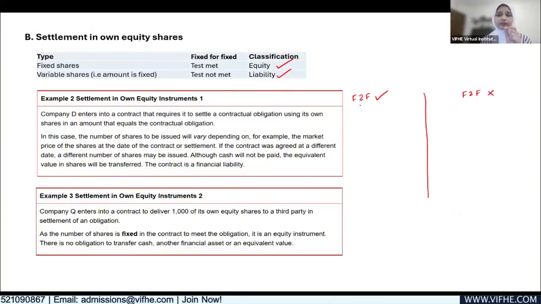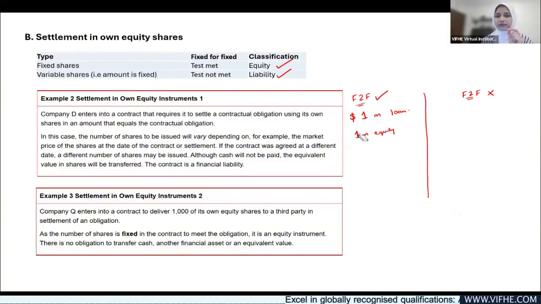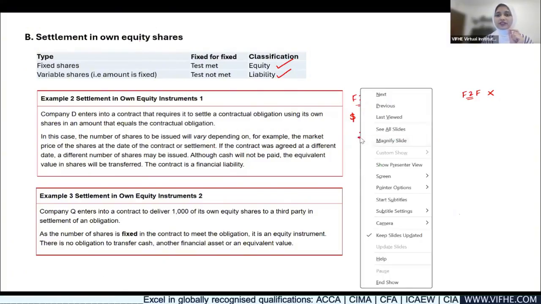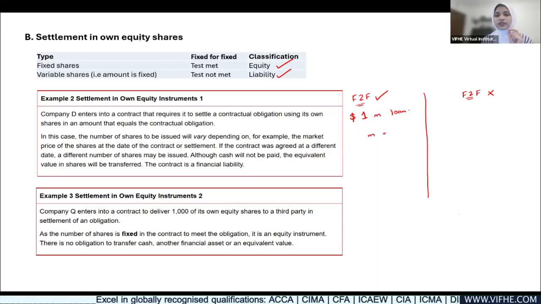If the fixed for fixed test is met, it means that for a $1 million loan, I am saying I will give y'all, let's say, 2 million shares.